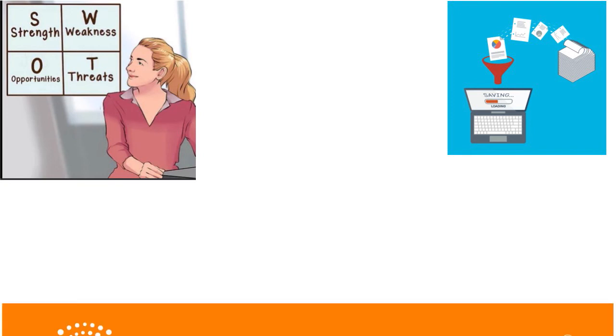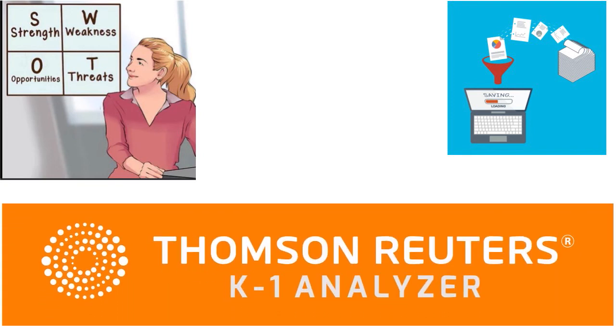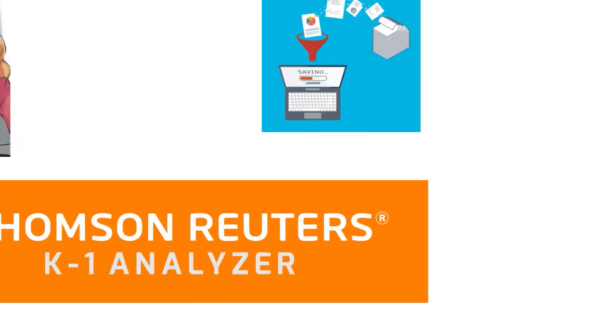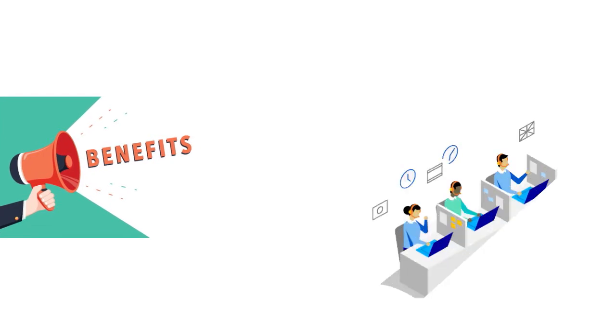And this is where you want to get a tool such as Thomson Reuters K1 Analyzer. So do not focus only on the price. You want to think about the benefits. You want to think about the customer support. Very important, because as you know, professional tax preparer software is expensive to develop and expensive to maintain. Tax laws change all the time, so you have to pay attention to that.